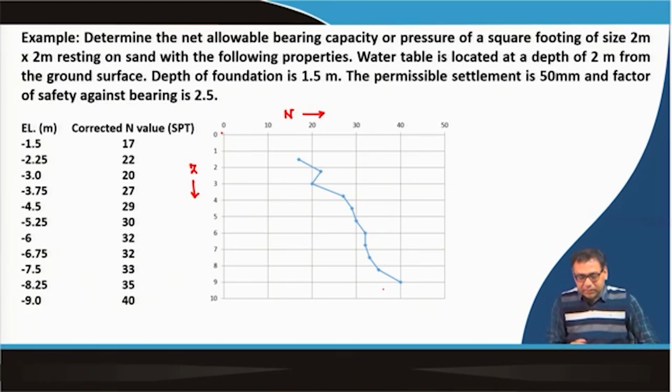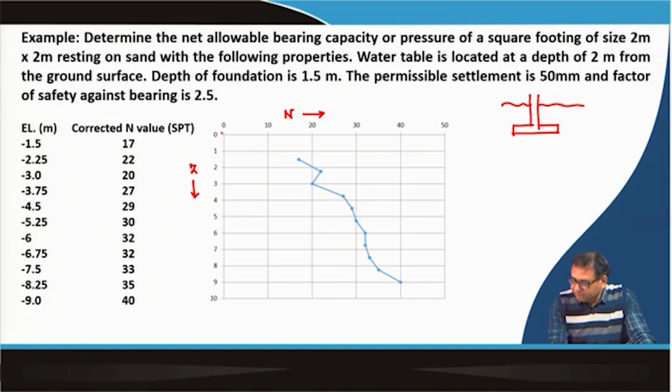But this allowable bearing capacity is determined for a given dimension of the footing. That dimension is given as 2 by 2 meter. So, now we have to determine what will be the allowable bearing capacity of the foundation. Suppose we have the foundation whose depth is 1.5 meter.